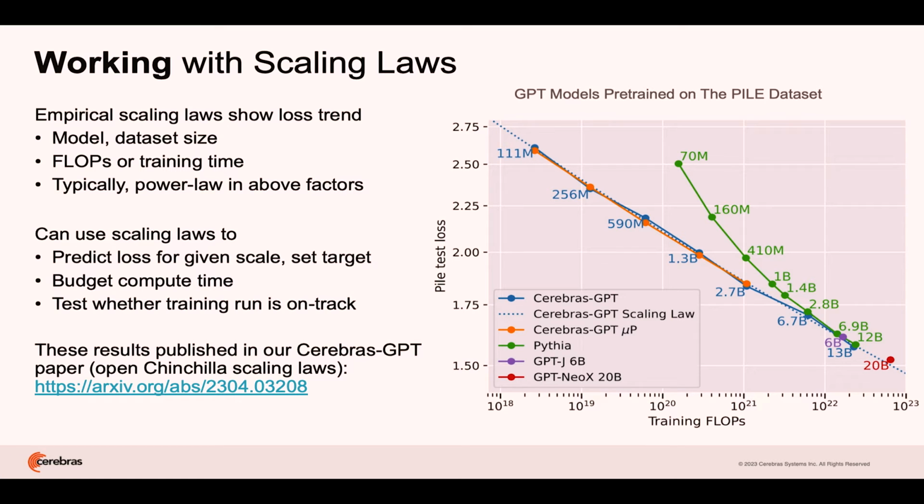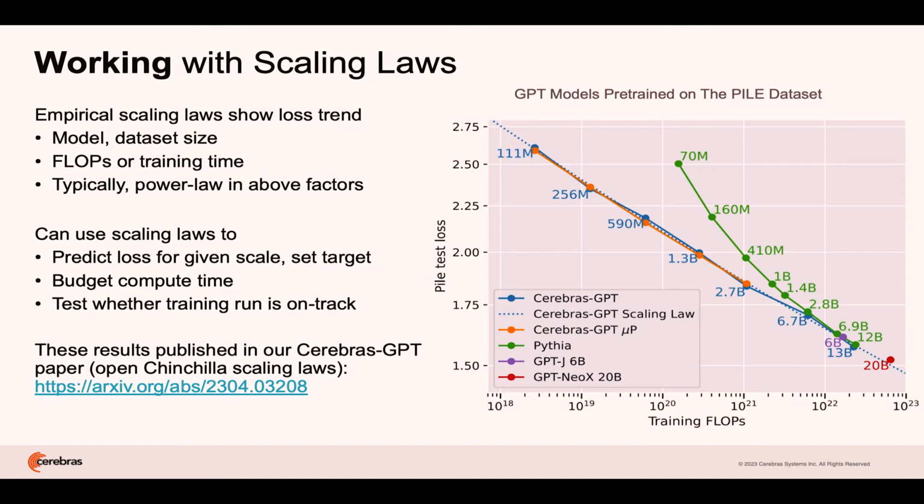So what we do is run experiments at several small scales, and then we fit the power law for a specific data set, for a specific model we are training, and we can predict how good we could expect that model to be if we scale it to, say, 6 billion parameters, 13 billion, 20 billion, 100 billion parameters.